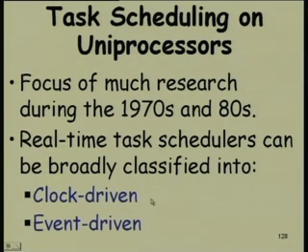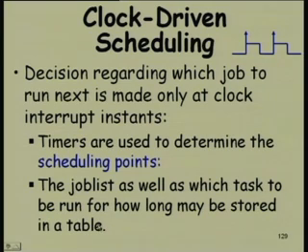In each of these, thousands of papers have been published, many variants, especially in the event driven, thousands of PhD degrees have been given, proposing new types of event driven schedulers with small differences in characteristics and so on. We will not really go into all those results, but we will go into the results which are enough to understand this area well, uniprocessor real time task scheduling.